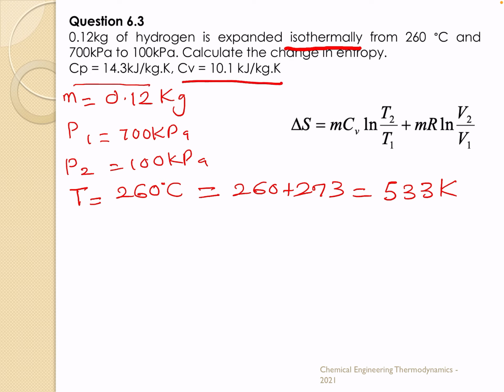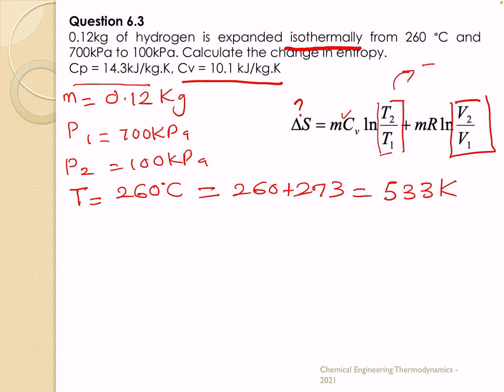And we've also been given CP, we've been given CV. Later you may begin to wonder why we need CP there. It's going to be clearer as you move on. So we are looking for this. We've been given this. We need to look for that. But remember, we've been told the process is isothermal. So if the process is isothermal, what does that tell you?